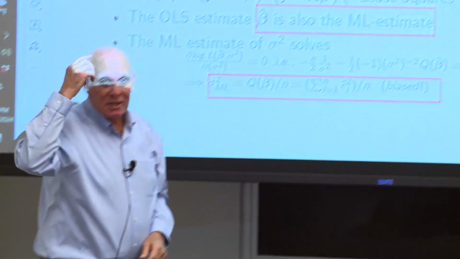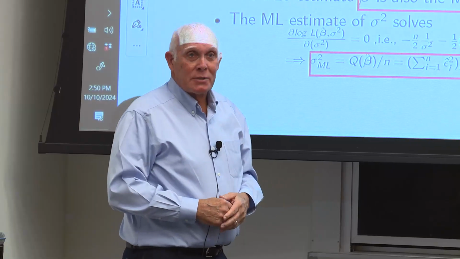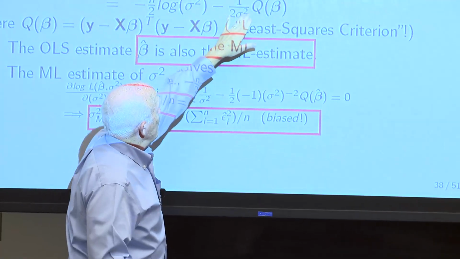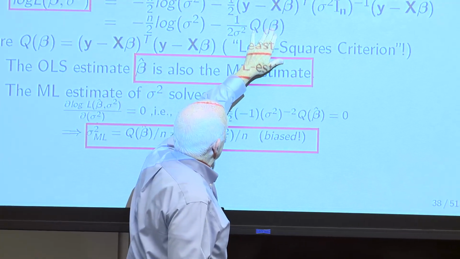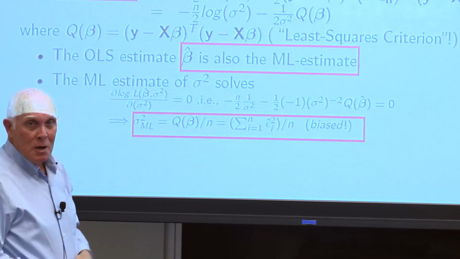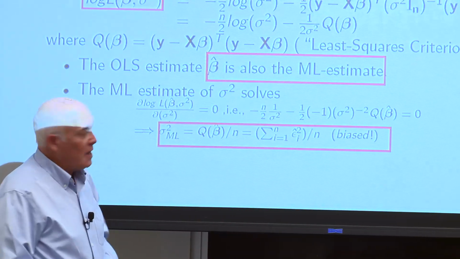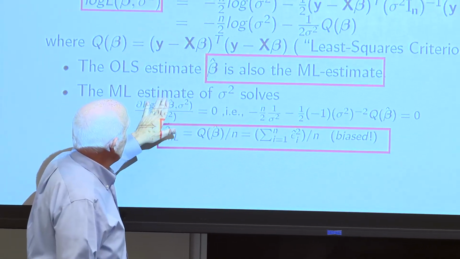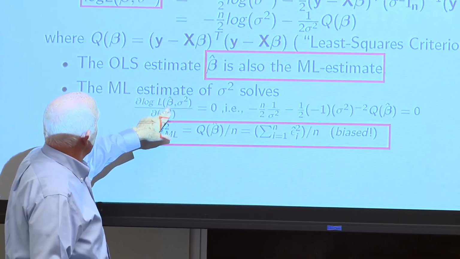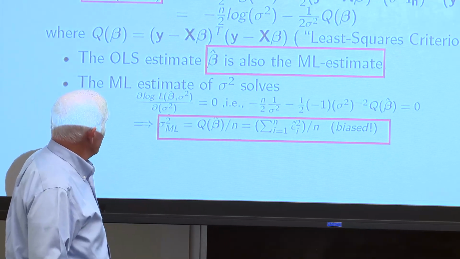So maximum likelihood estimation for normal linear regression models can proceed in 2 steps. First, we can see that the beta regression coefficient enters in only through a factor of Q of beta. So minimizing Q of beta gives us the MLE for beta. And then once we have the MLE for beta, we can plug that into the log likelihood for varying sigma squared.